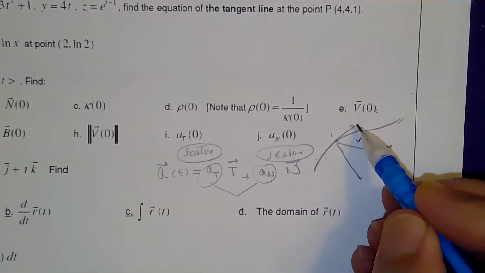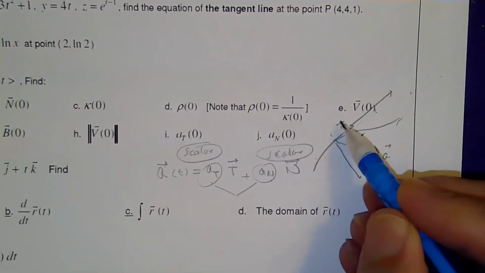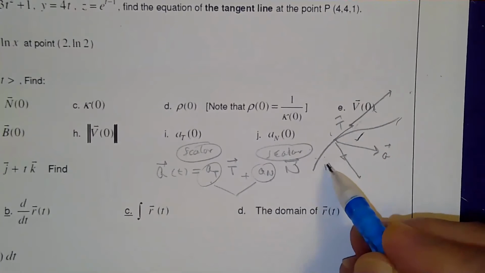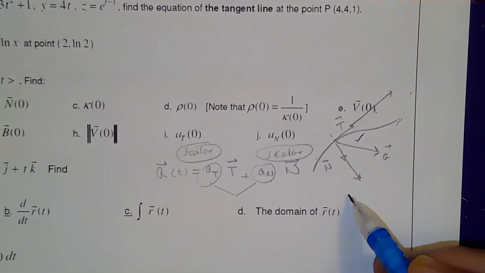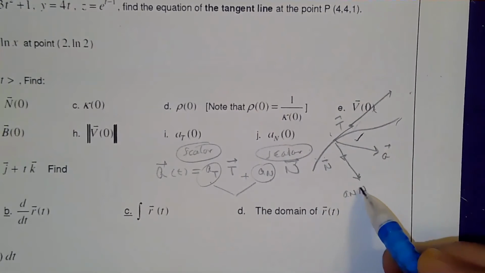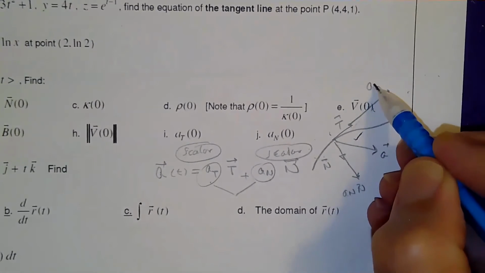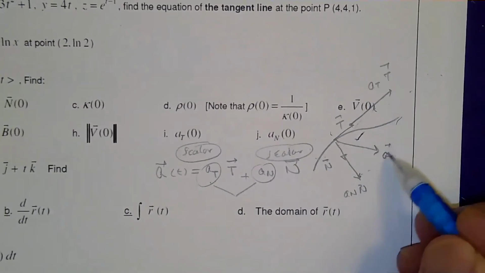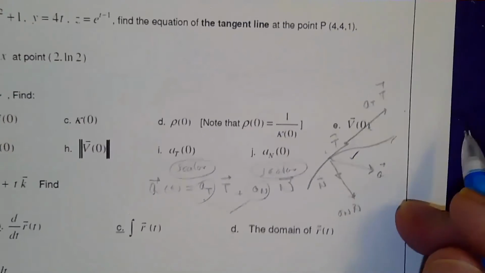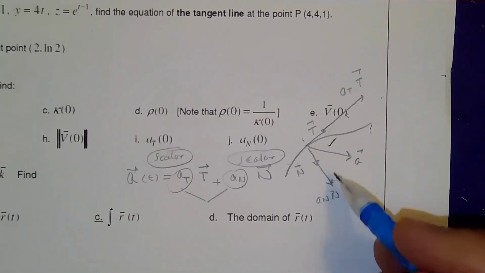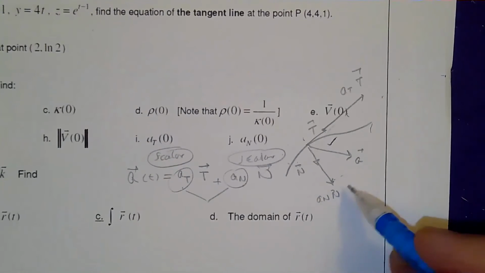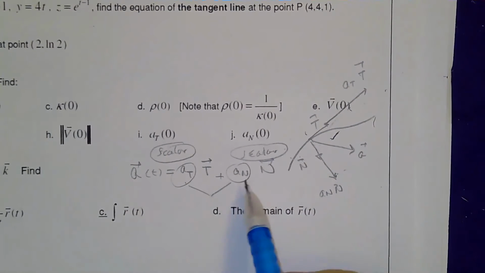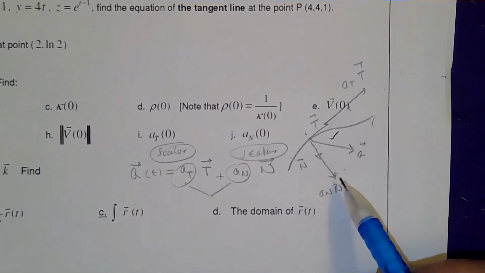One in the direction of T, the other in the direction of N. So this would be a_N N, and this would be a_T T. Those are the components of the acceleration along the tangential and the normal vector. This is how you decompose the acceleration into its components.